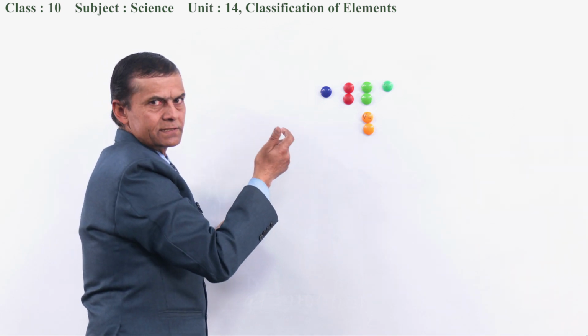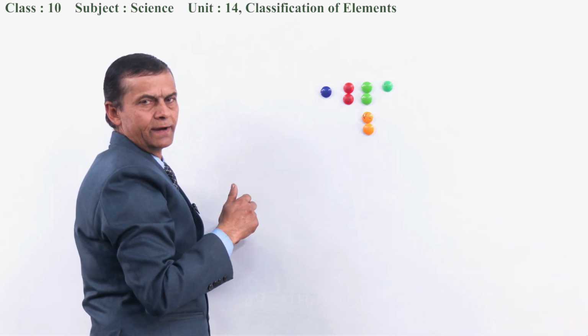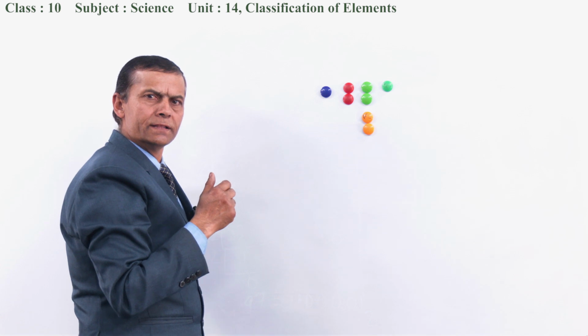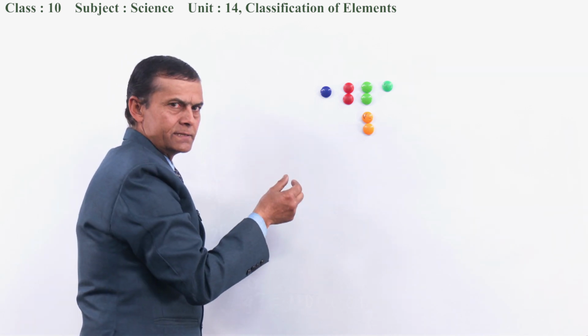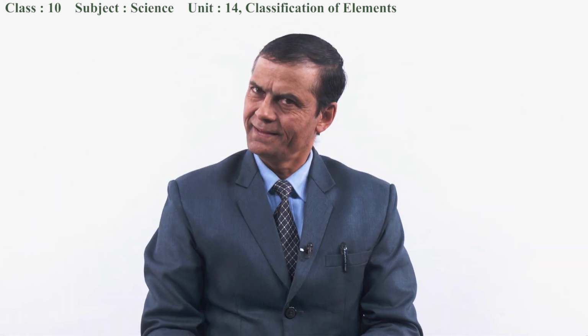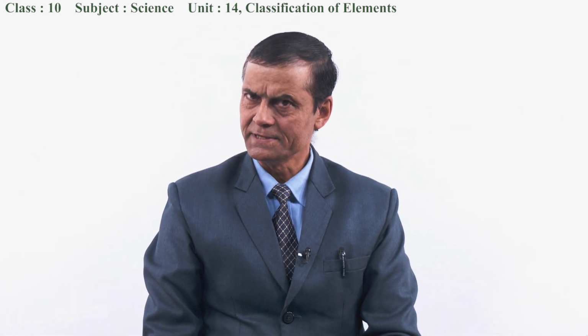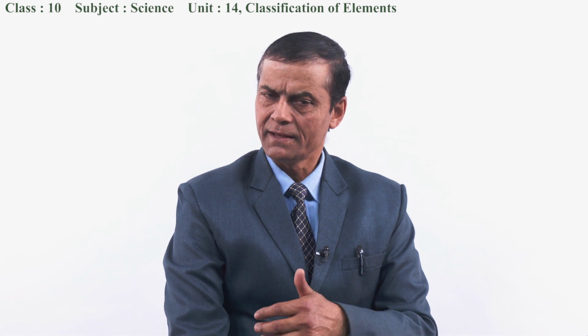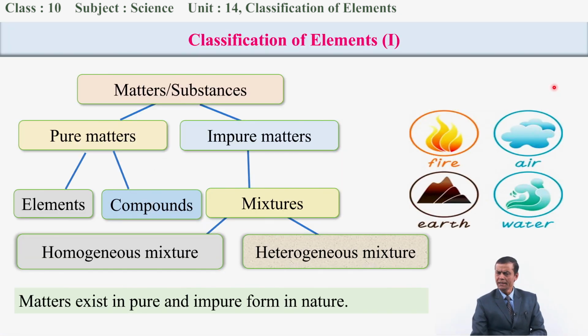So scientists tried to classify elements based on their features, characteristics, chemical properties, physical properties and so on. Like this, we have done this simple activity about classification. So, the elements are classified into different categories.